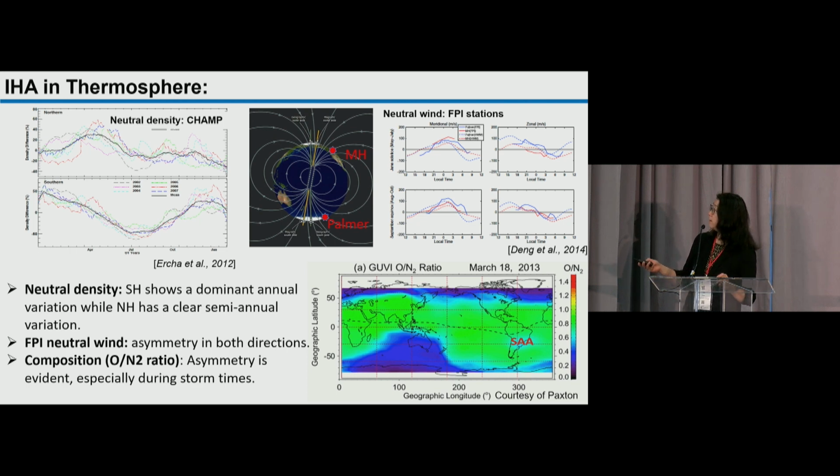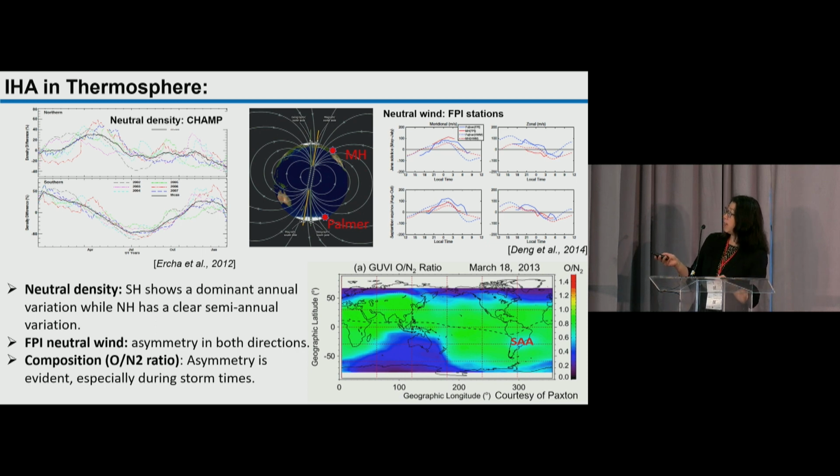Then we look at the asymmetry in the thermosphere. If you look at the neutral density during a whole year observed by the CHAMP satellite, I think 6 years have been studied, then look at the 6-year average. By the way, this is the neutral density variation, so the annual average has been subtracted.